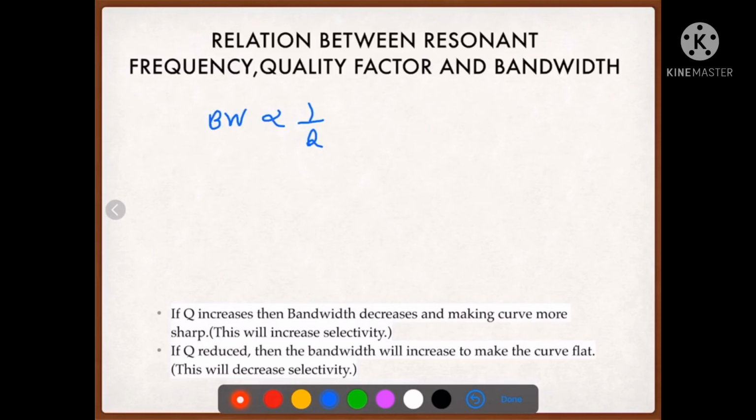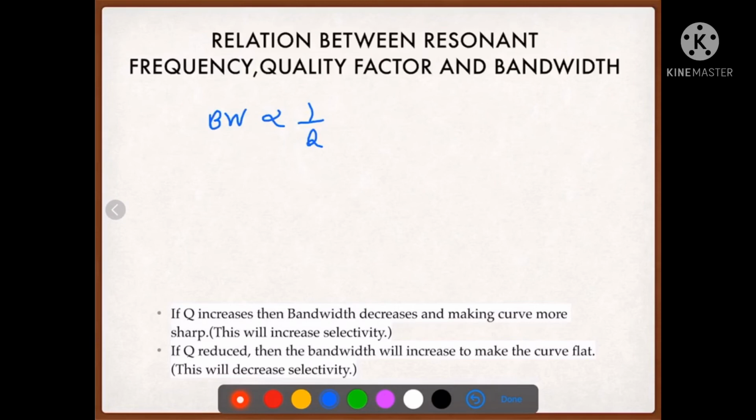Because if we have a wide range, we have to compromise the quality of the signals. It's a very general thing, right? If we have a wide range of frequency, we will have bad quality of signals, and if we have good quality of signals, then we are supposed to have a narrow range of frequency. So bandwidth is inversely proportional to the quality factor.